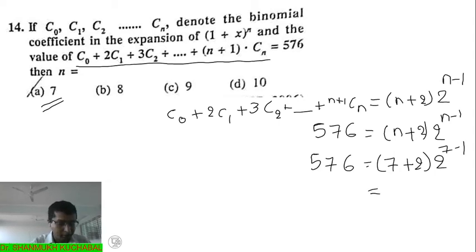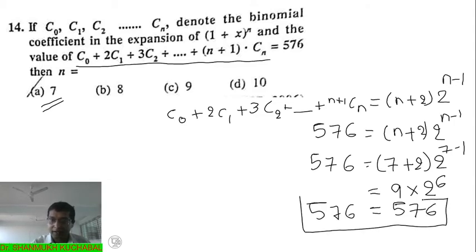So 7 plus 2 is 9, into 2 raised to 6. If we simplify this, we get 576 equal to 576. LHS and RHS both are verified. Therefore, the value of n is 7. That is, option A is the right answer.